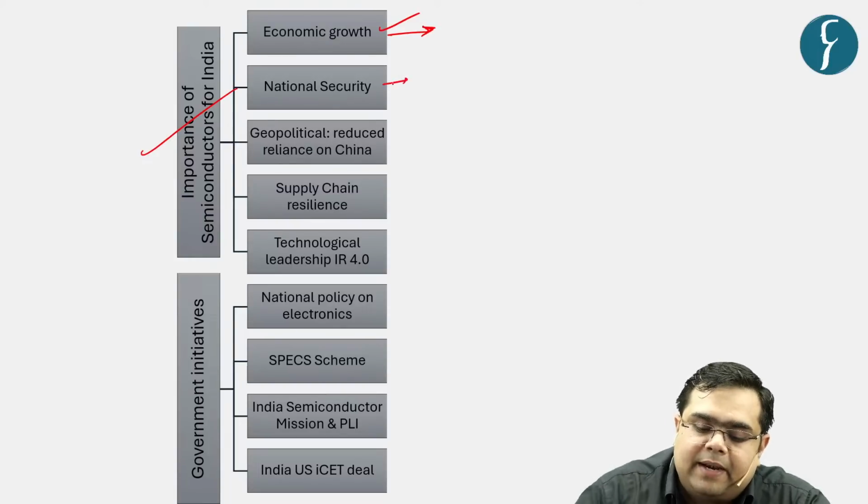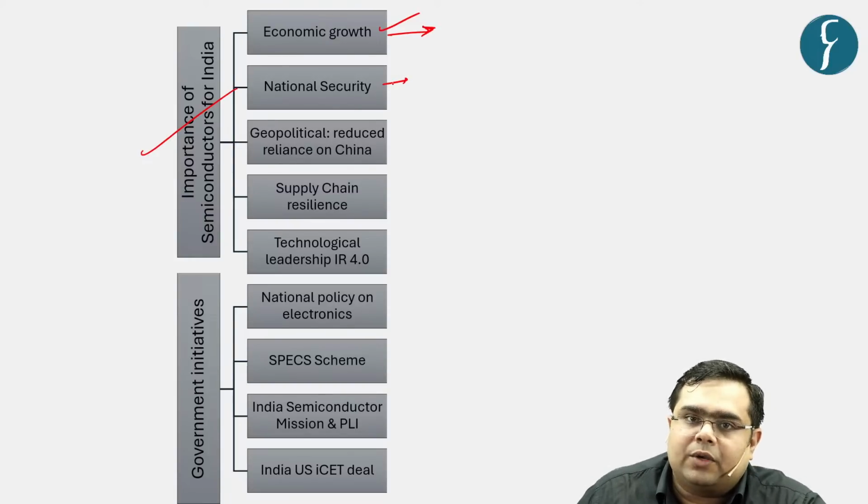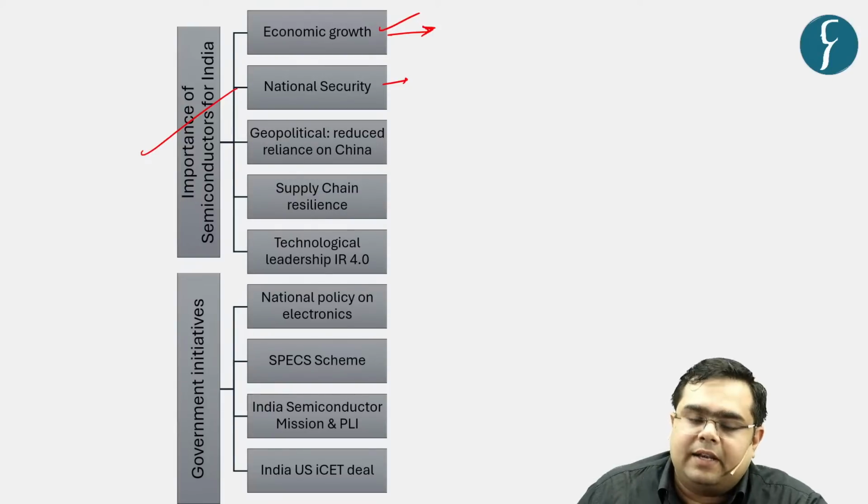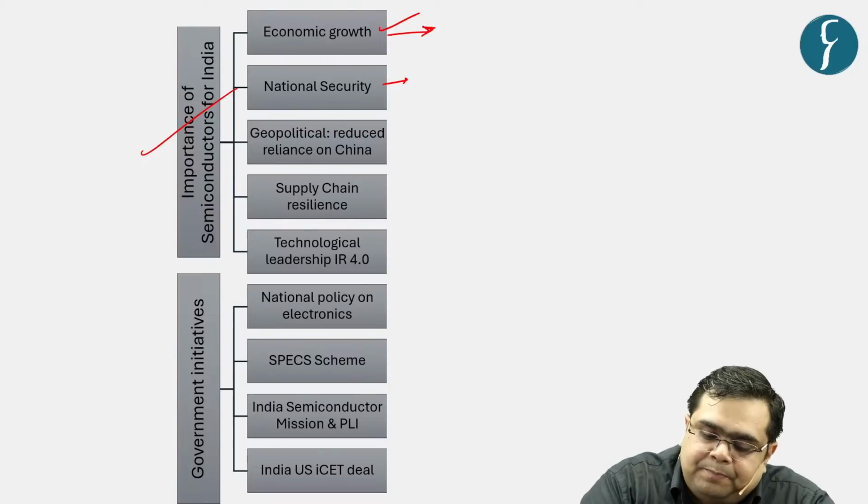Then the next element is with respect to our national security, right? For example, these chipsets are required in supercomputers which are employed at our nuclear power reactors, other power reactors, power grids, transmission, even in defense technology, satellite technology, and so forth. For this context, we also require self-sufficiency and indigenization at the level of production of semiconductors.